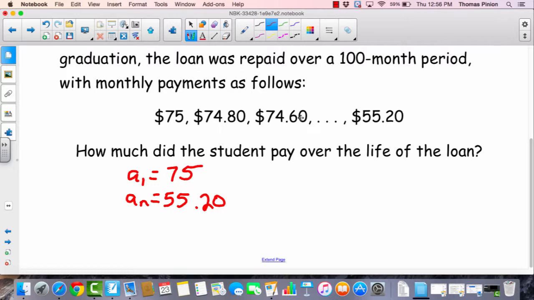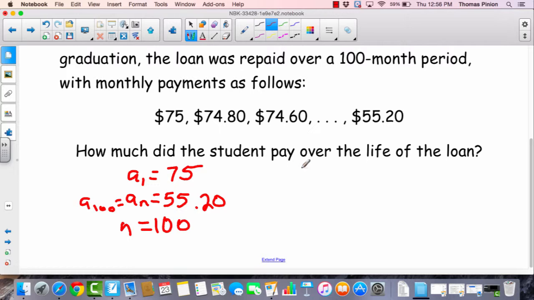Since we paid 100 payments over this 100-month period, 1 payment a month, we're going to say this is n equals 100. So really this a sub n is really a sub 100. Now, to figure out how much money we paid over the life of this student loan, we've got to use our formula.